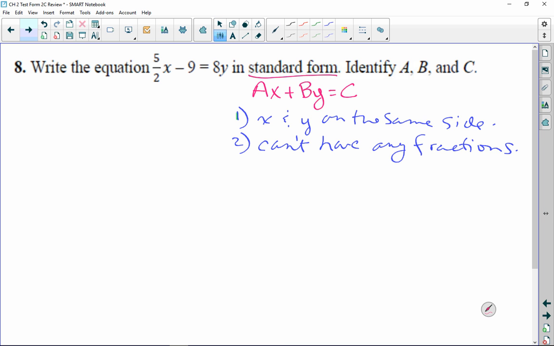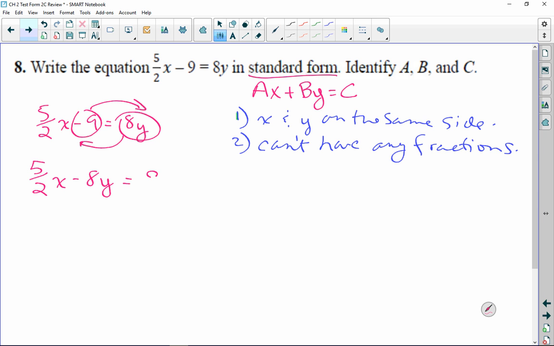So the way you do this, the first thing I want to do is get x and y on the same side. If I take something and move it to the other side, what changes? The sign just changes, right? So if I take this, move it over there, and take this and move it over here, that's what I end up getting.